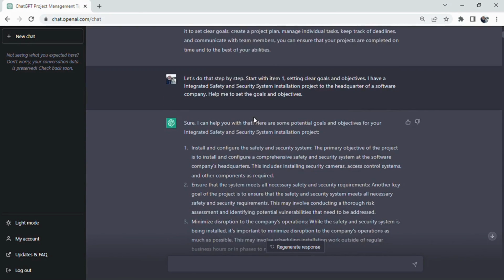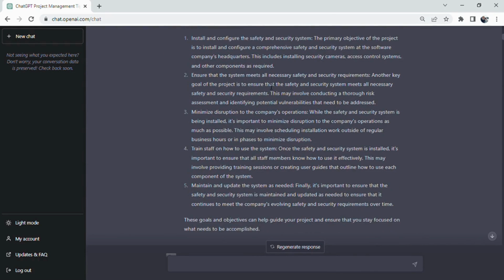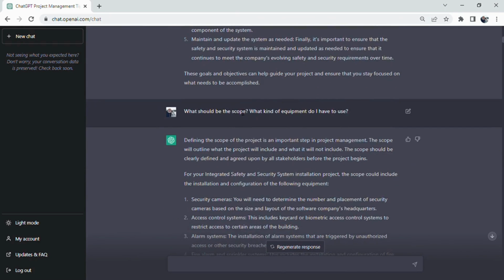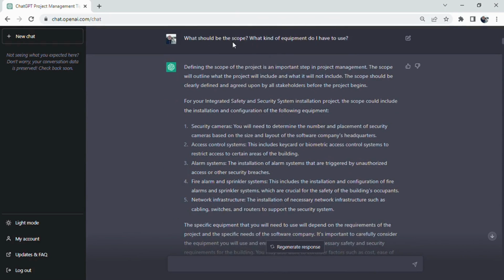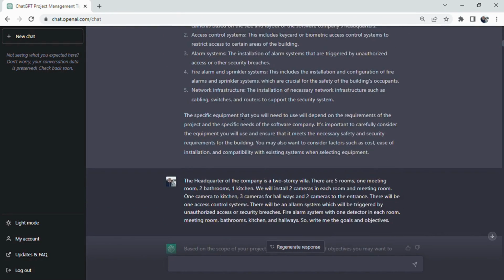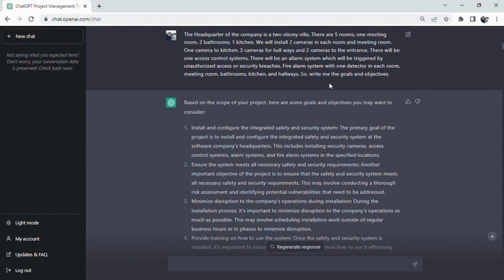Let's get started. The first step in any project is to set clear goals and objectives. In our example project, we were tasked with installing an integrated safety and security system in a software company's headquarters. This involved installing cameras, an access control system, a fire alarm system, and network infrastructure.